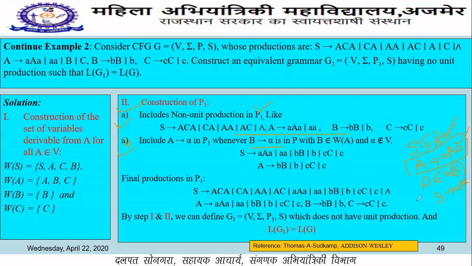Therefore, we include S tends to A, capital A, small a, as this is given in the rule in this step. Whenever B tends to alpha is in P, and this B belongs to the set of derivable variables from A, and this alpha is not a single variable, then we can include A tends to alpha.